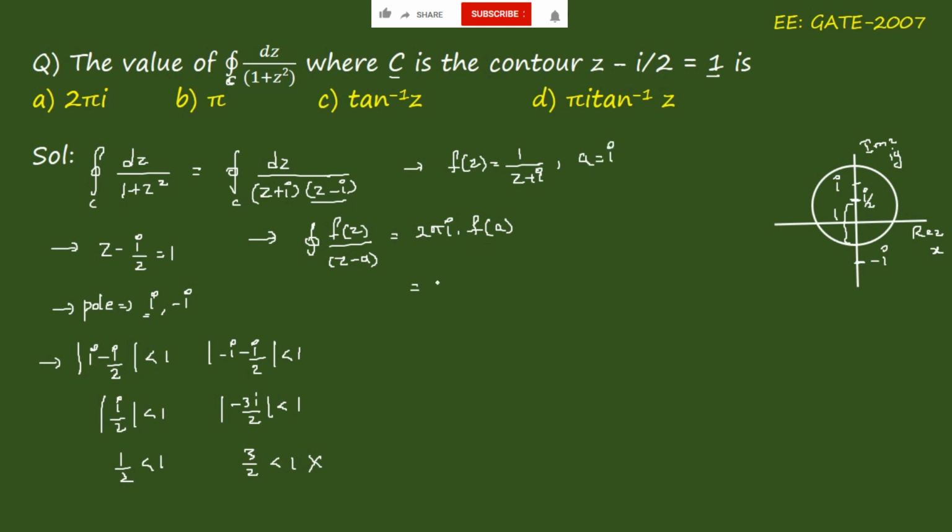So substituting here we get 2 pi i into 1 by (z plus i) at z is equal to i, which is equal to 2 pi i into 1 by (i plus i), which is equal to 2 pi i into 1 by 2i. The i gets cancelled, the 2 gets cancelled, which is equal to pi. So the answer is option B.